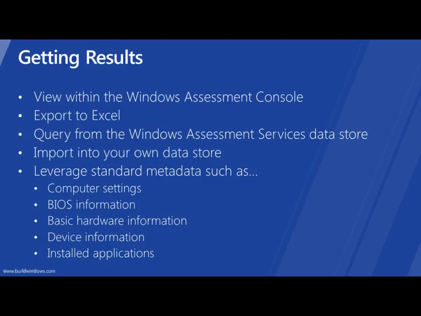The schema makes it ideal for importing into the Windows Assessment Services data store, or perhaps your very own. It's even possible for you to use the APIs and schema to create a viewer on your own, but I really think you'll find your expertise is better spent analyzing the data.